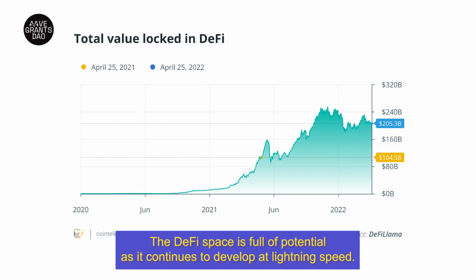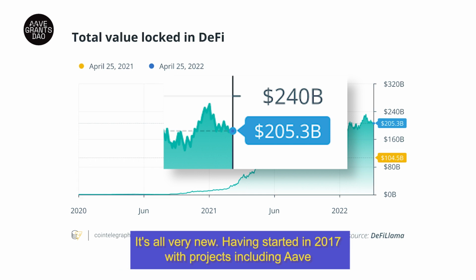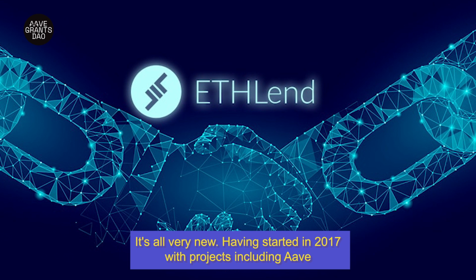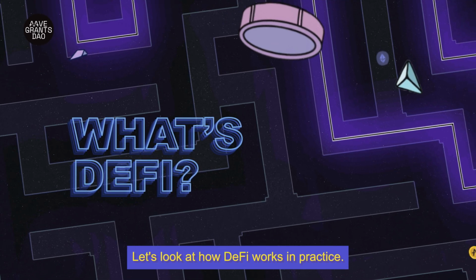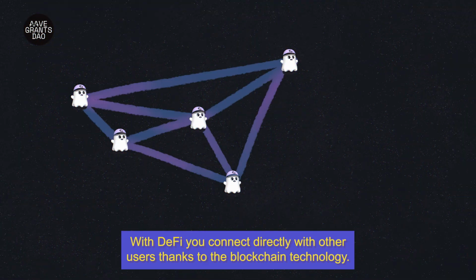The DeFi space is full of potential as it continues to develop at lightning speed. It's all very new, having started in 2017 with projects including Aave, or ETH Lend as it was known back then. Let's look at how DeFi works in practice. With DeFi, you connect directly with other users, thanks to the blockchain technology.